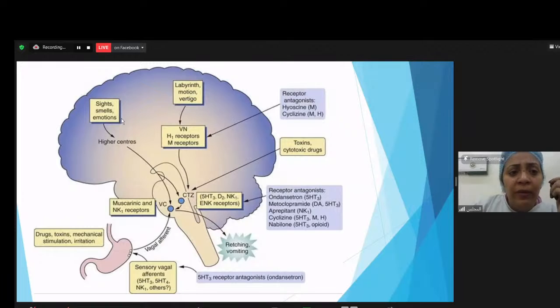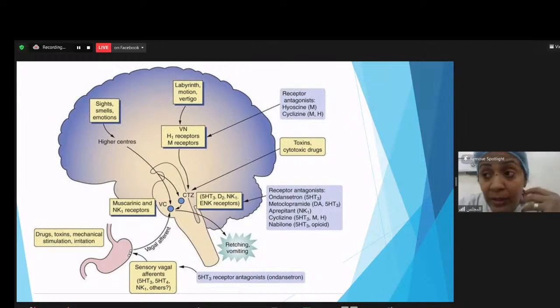We have another path here from the high centers of the brain. These centers have many emotional and psychological changes like anxiety. It has a lot of centers that receive impulses from the nose, from the ears, from the eyes. And these are things that might trigger nausea in some patients, like people who cannot stand looking at blood.